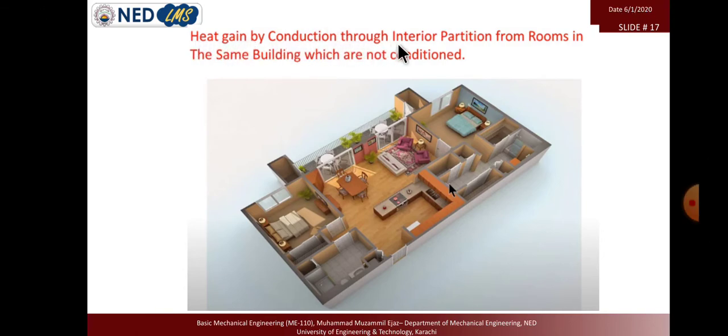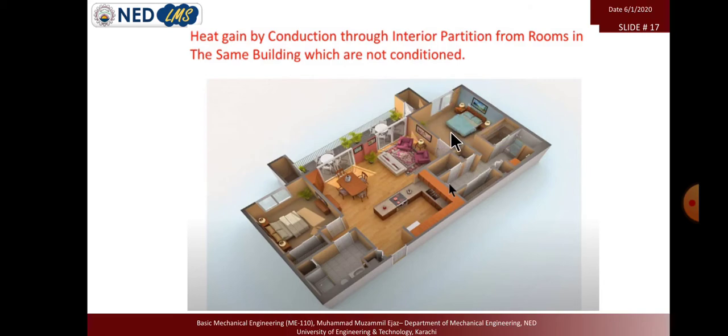Heat gained by the conduction through the interior part. This is basically a drawing of an aerial view of the room, where we can see that from the glass and window we get the radiations, but the walls or floor, might be floor, and roofs can be heated through the sunlight on the roof.